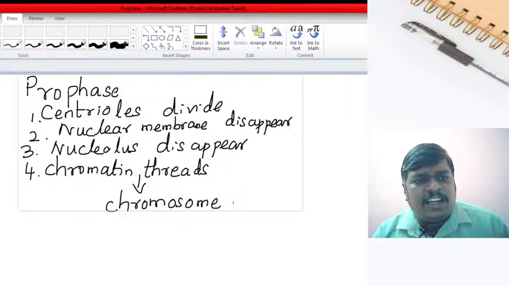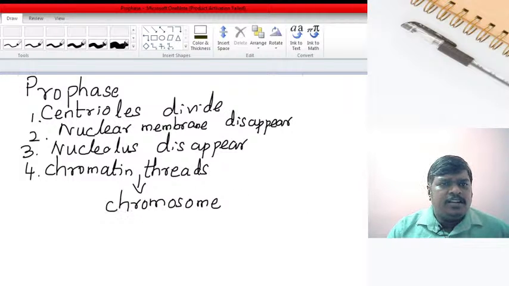These are the changes that take place during the cell division process.